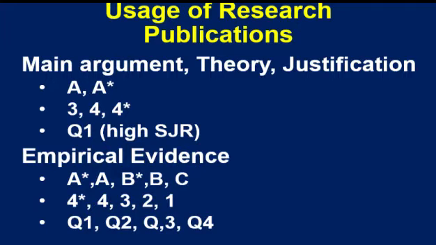While writing some empirical evidence, you can quote any journal. Even lower quality journals can be quoted, but only for empirical evidence. For the main argument, theory building and hypothesis development, always quote papers published in high rank journals.